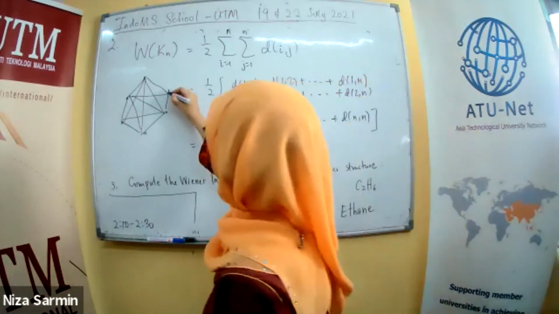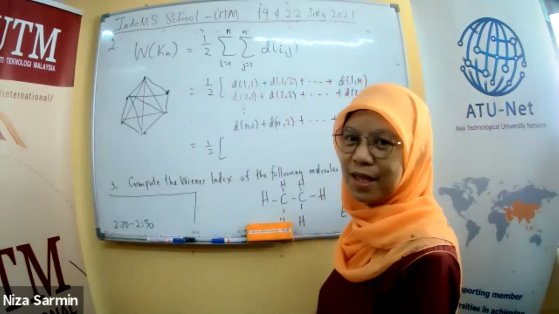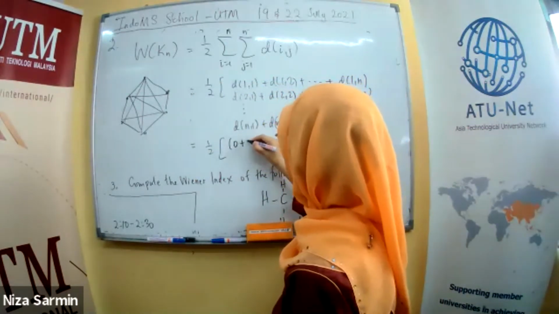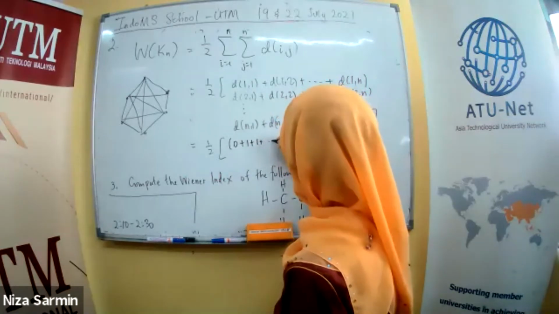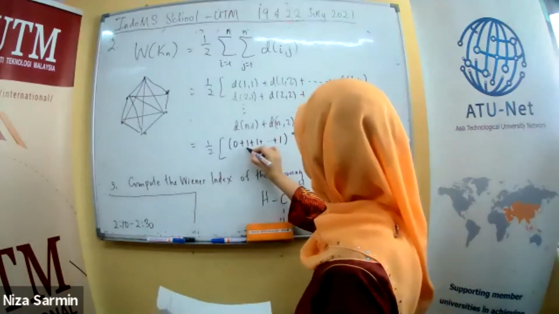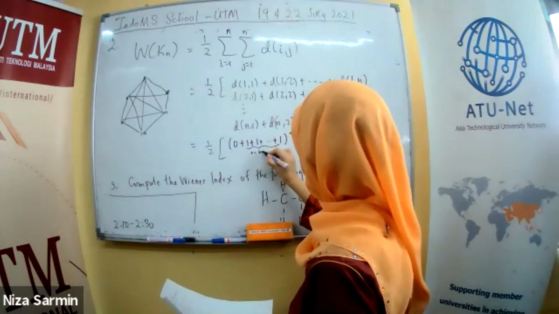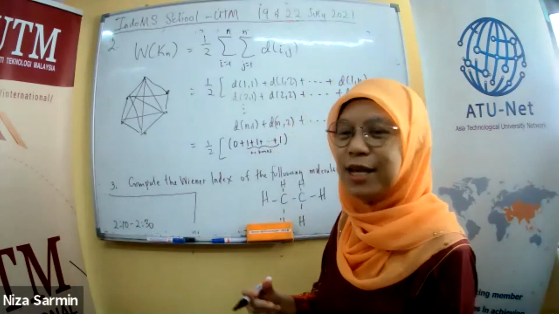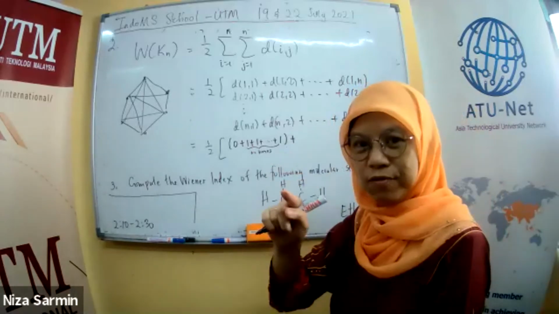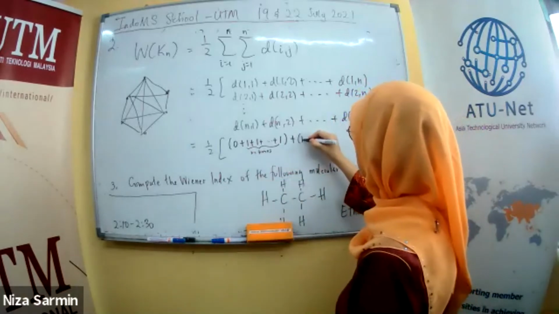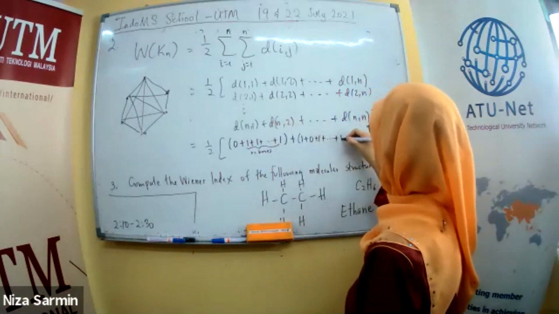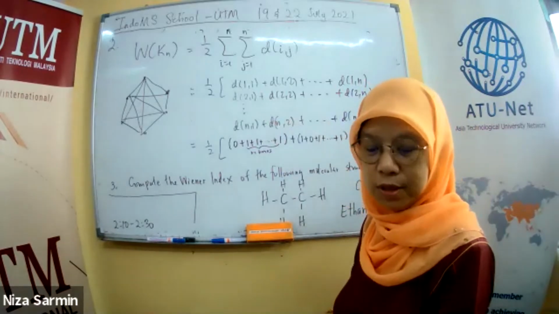1 to 1 is 0. What about the rest? The rest is 1. So 0 plus 1, plus 1, plus 1, until n minus 1 times. And then the next one is also the same, but 1 first and then 0, because we move to the second one, 1 plus 1, 1 again for n minus 1 times.